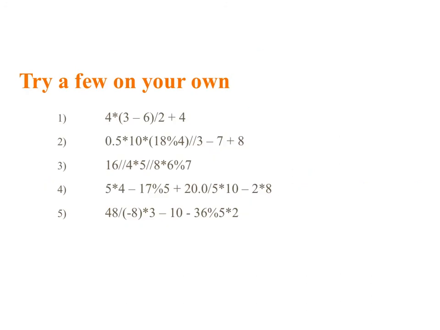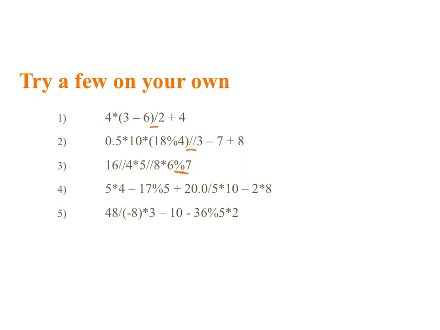So what I'd like you to do here is really take some time to pause the video and attempt these 5 math problems, because while they seem elementary and easy because you know your math, you really want to make sure you've got this down. So go through, go slow, apply your order of operations, and pay close attention to things like integer division versus that decimal division.